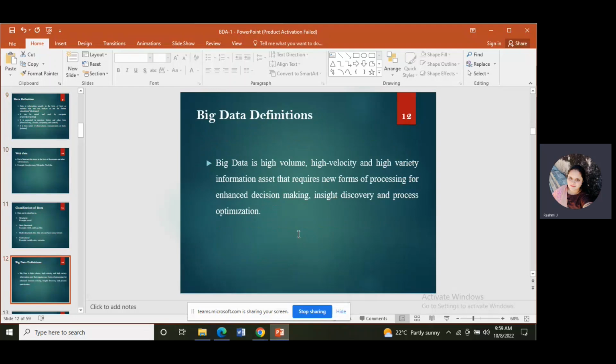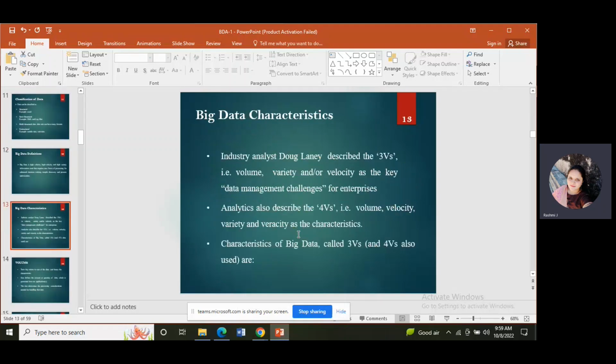Big data is a high volume, high velocity, high variety information asset that requires new forms of processing for discovering new decision making and process optimization. This is the big data definition.